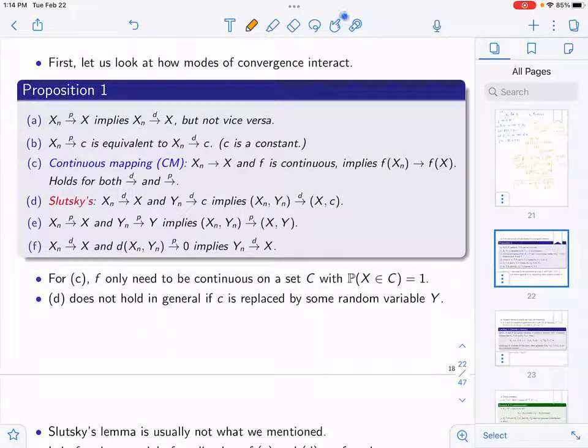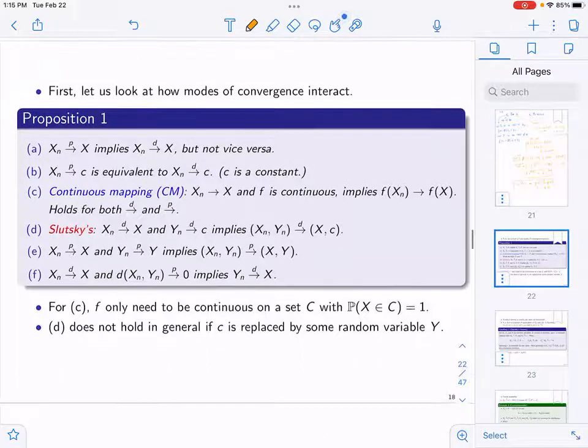You can go and prove that these results hold. I'm not going to prove it. You can look at some of the references. For example, the asymptotic statistics book has a lot of these ideas in the first chapter, I believe. So convergence in probability implies convergence in distribution. That's the first property. If you have a sequence of random variables that converges in probability, then the distributions also converge.